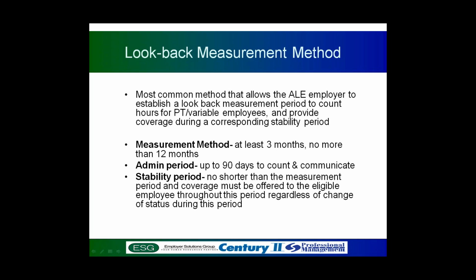So you look back in a measurement period, you have an administrative period of up to 90 days to do all your counting and determine who of your variable hour employees should be offered benefits. And then those variable employees have to be offered benefits for the full duration of the stability period.